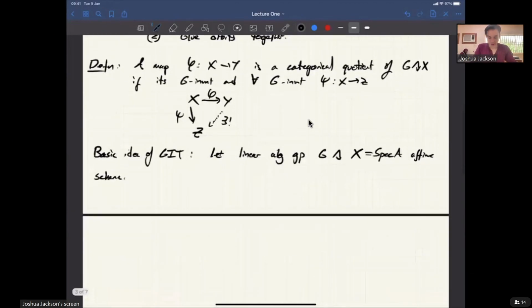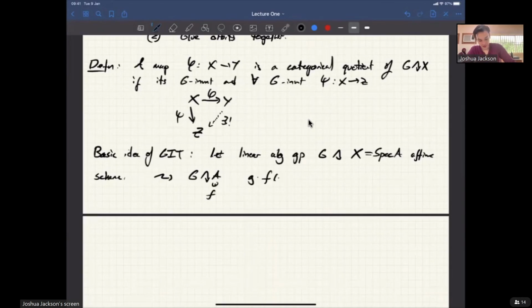Okay, so the basic idea is that whenever we have this sort of situation, we get an action of G on A. If we take some F in here, then if I want to evaluate this at a point, I can just define this to be F evaluated at the point g inverse p, for g in G and p in X. And if you want to think about things in a more schemey way, you could equivalently think about it as a coaction, like this.